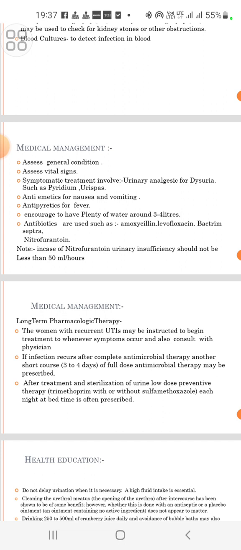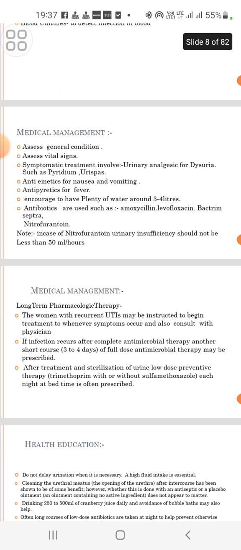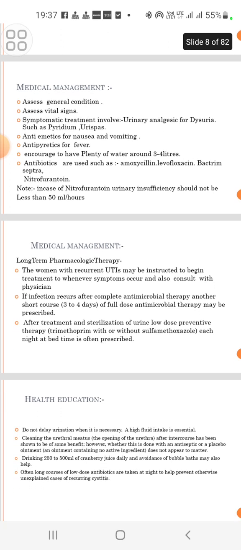Sometimes we can give preventive low-dose sterilization of the urine, like trimethoprim with or without sulfamethoxazole, often prescribed at night bedtime, for people who have UTI again and again or relapsing urinary tract infection.